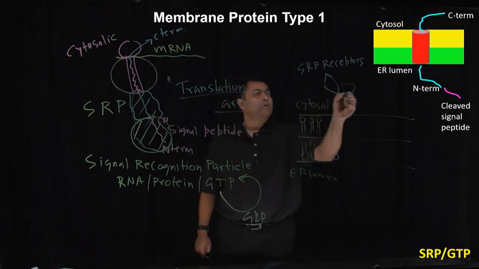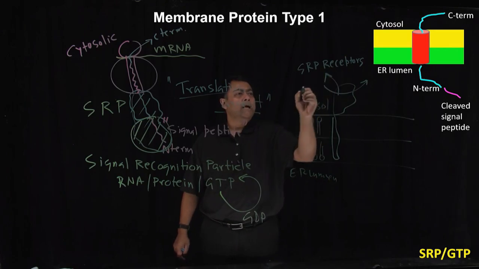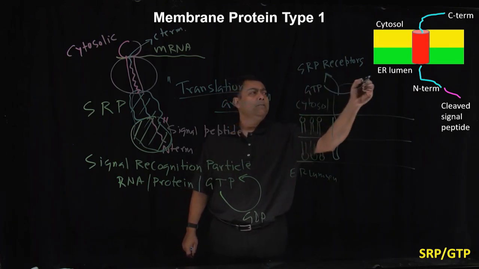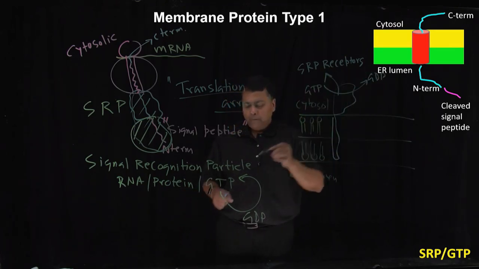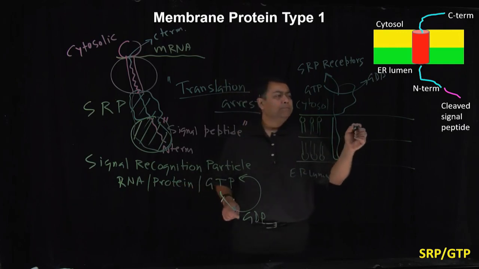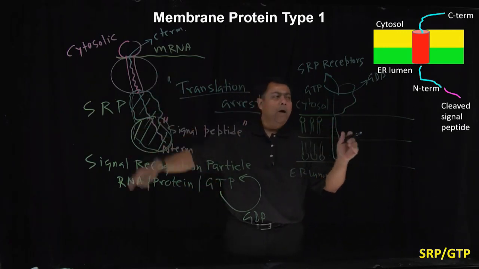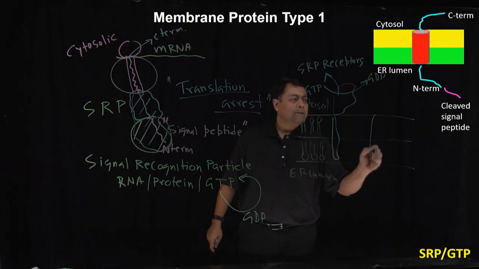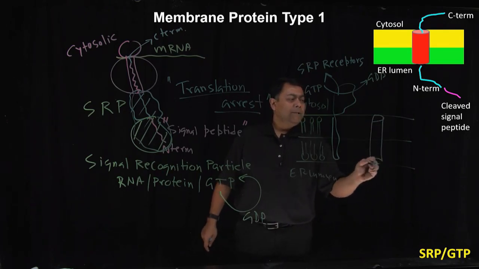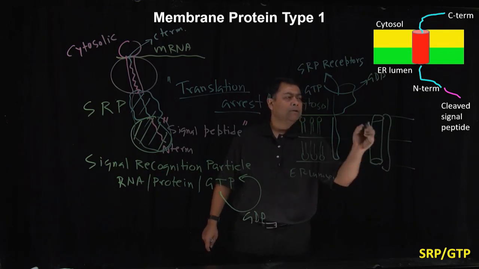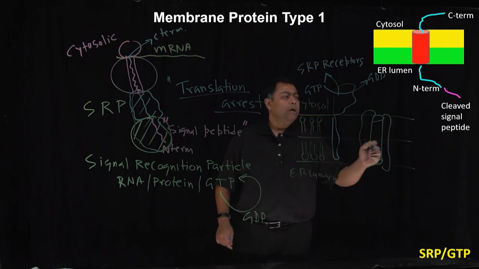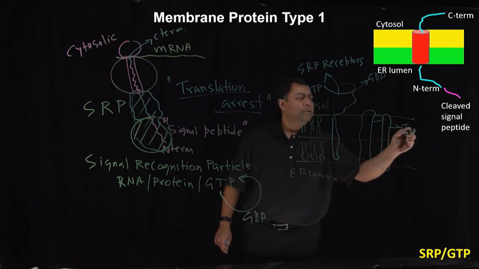Here I'm not drawing the entire part, but the GTP is going to be hydrolyzed to GDP. When that happens, the SRP dissociates from this complex, but before it does so, it hands this complex over to a structure which we call a translocon.